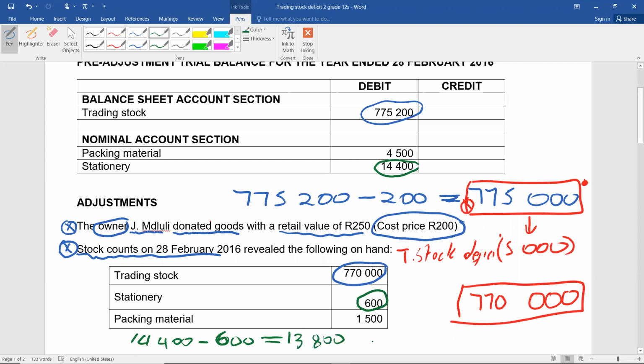What do we call this 13,800? That is the stationery amount.